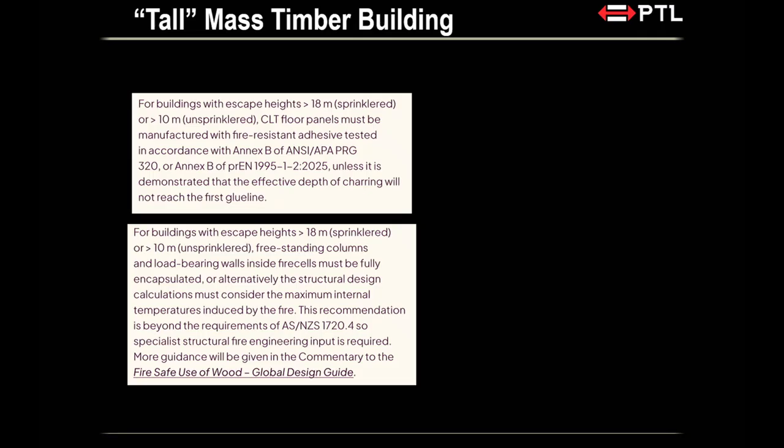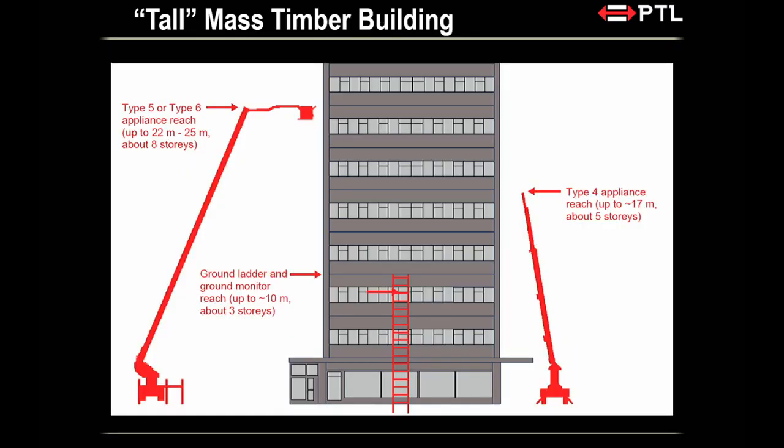So I'm trying to answer the question raised by this gentleman, you know, probably half an hour ago. Why are those two requirements there? Firefighting capability. This appliance here is the one with the highest reach, and it is only reaching 22 to 25 meters tall, right?